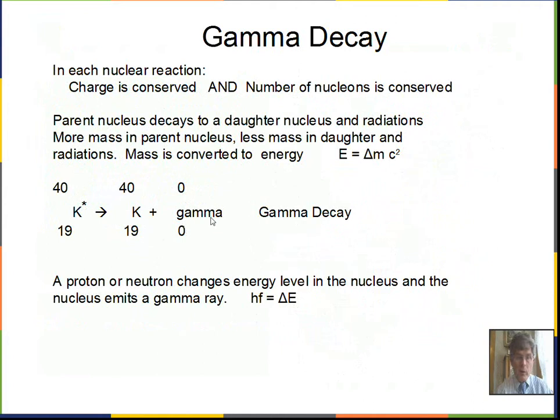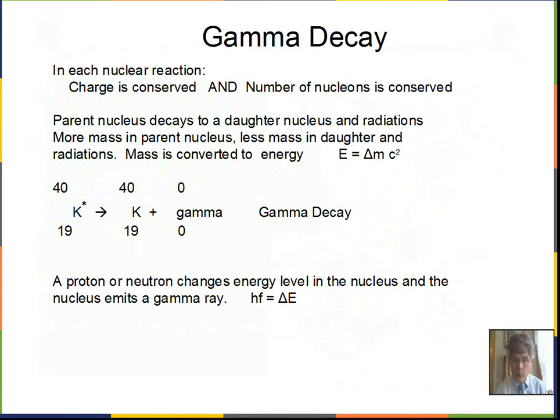So the gamma decay is the easiest of all the ones to process. We don't change the A number or the Z number, but we do take energy and it becomes the gamma ray. And it's thought that what's happened here is the proton and neutron have gone through energy level shifts in a very similar way to what happens to electrons around an atom to emit visible light. But here we have a much stronger force present, the nuclear force, much more energetic, high energy levels in the nucleus.